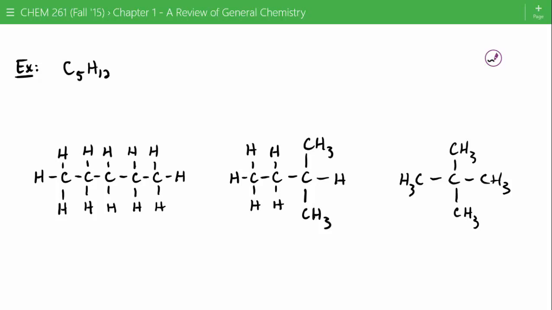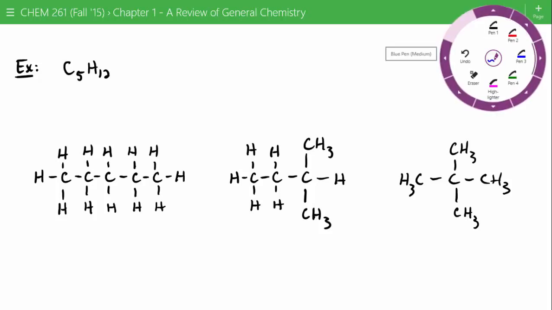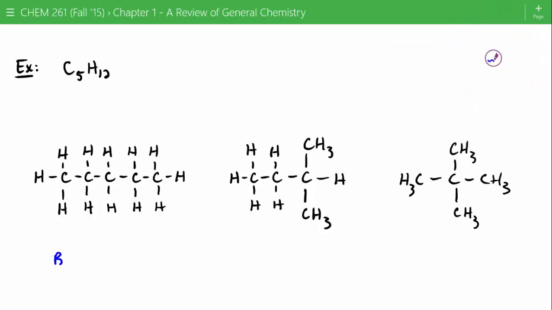Long and open. So in this case, the one on the far left-hand side has the most surface area, even though it has the same molecular formula. It has a little bit more surface area than the ones on the right. And we can actually see this with the boiling points of these compounds. So the boiling point of pentane is 36 degrees Celsius.